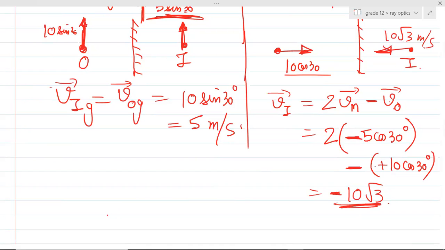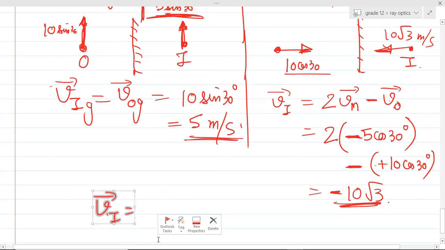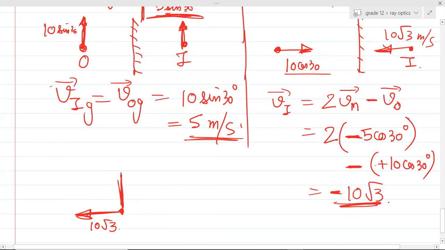So basically, this is the concept of velocity of image. And what will be the final answer? Velocity of image will be, guys, along the negative. Can you see over here? The final answer of the image's velocity: the perpendicular component to the mirror was 10 root 3, and the parallel component was 5, right?